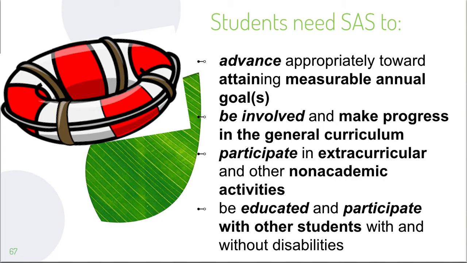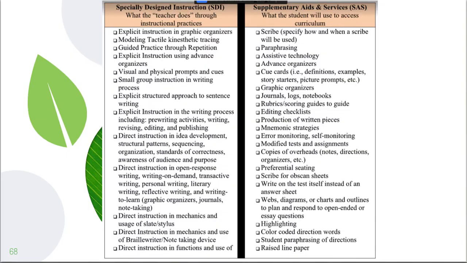Students need SAS to advance, to be involved, and to be educated and participate with other students in the general curriculum. So here's a nice little chart, and I can include this for you in Padlet as well, comparing some SDI to some SAS. So explicit instruction in using graphic organizers, that's SDI, but graphic organizers themselves are an SAS.